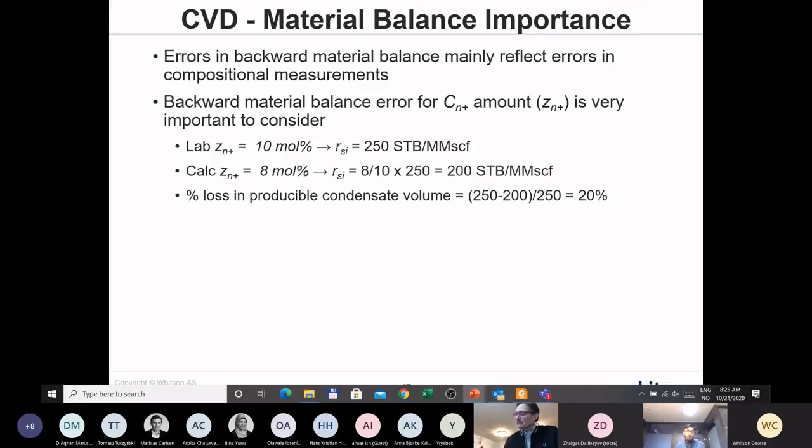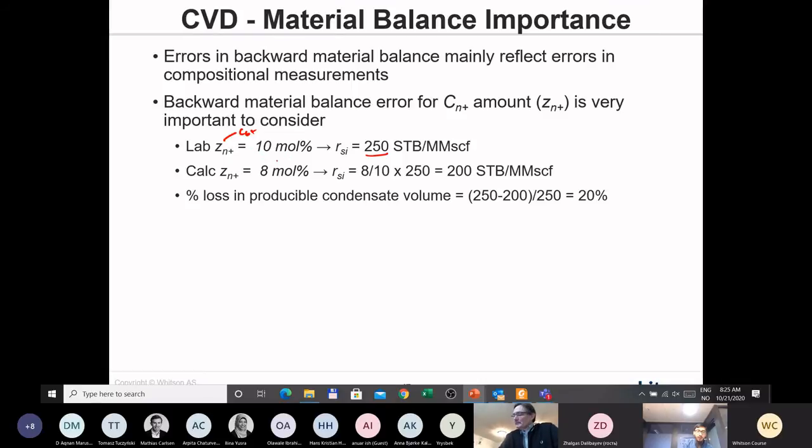Say we have a gas condensate reservoir with an initial OGR of 250 STB per mmSCF, and the lab reported the CN plus, which could be your C6 plus, content in the total well stream composition as, let's say, 10%.